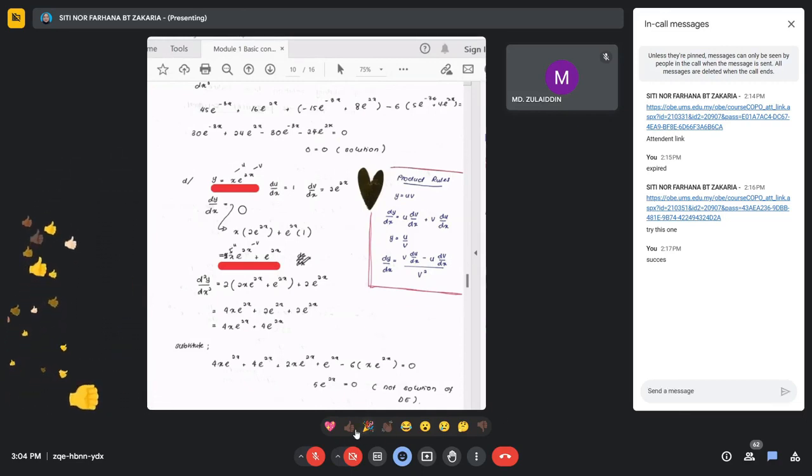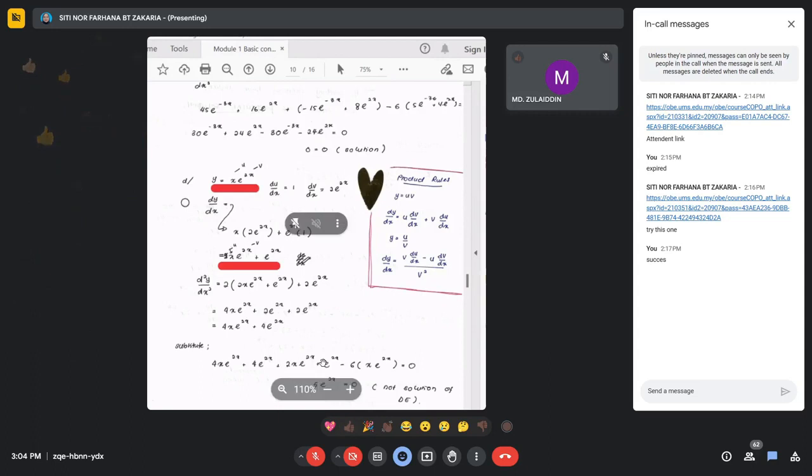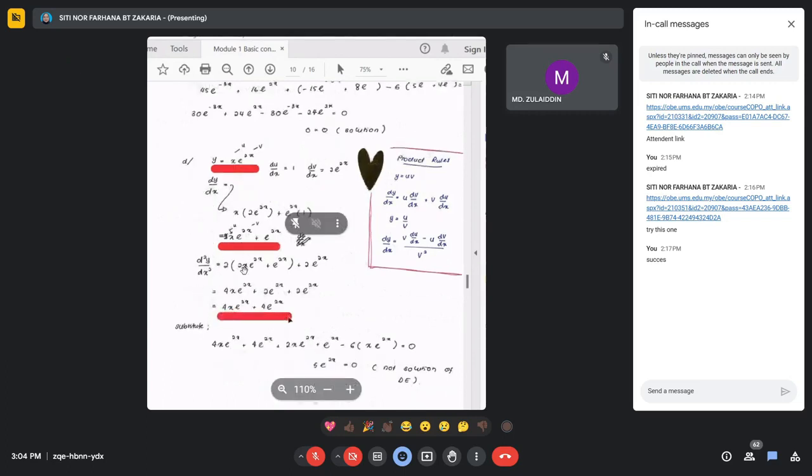Okay, so everyone knows the product rule. I don't need to tell you. You need the product rule to solve this differential equation. First differentiate, you get this one. Second differentiate, you get this one. All these function equations have double terms, so you need the product rule.